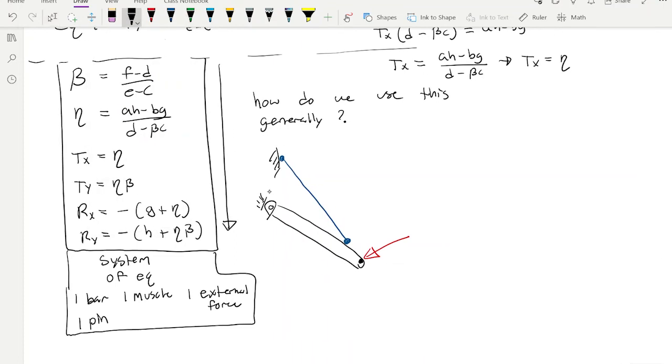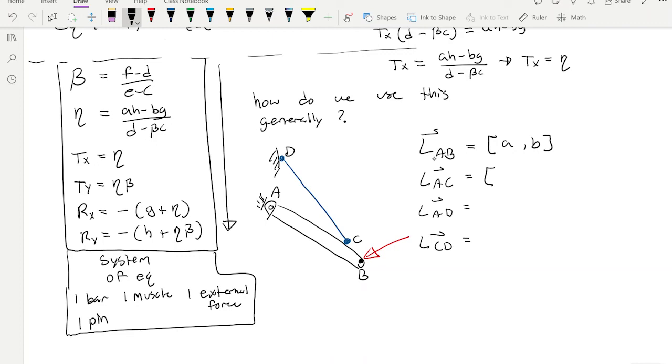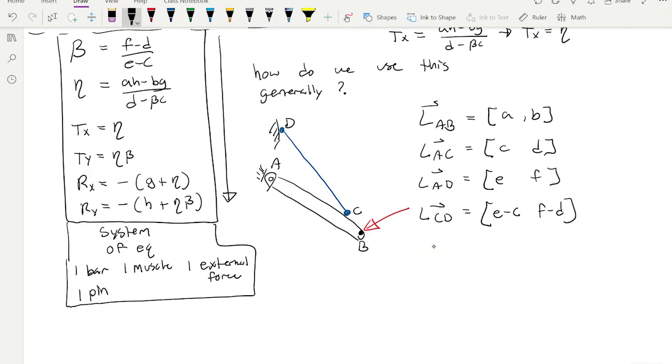So we can name our points. We say this is A, that's B, that's C, and that's D. And then we simply just use our vectors, LAB, LAC, LAD, LCD. We find the components of these vectors, I call them AB, CD, EF, do our vector subtraction, and that's going to be E minus C and F minus D. We find our forces, we got F, call that GH.